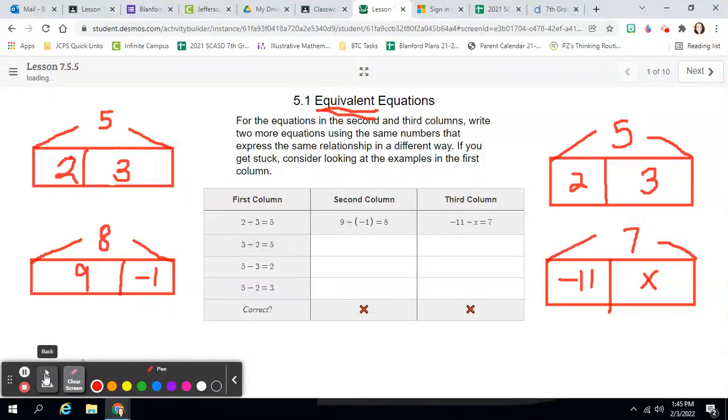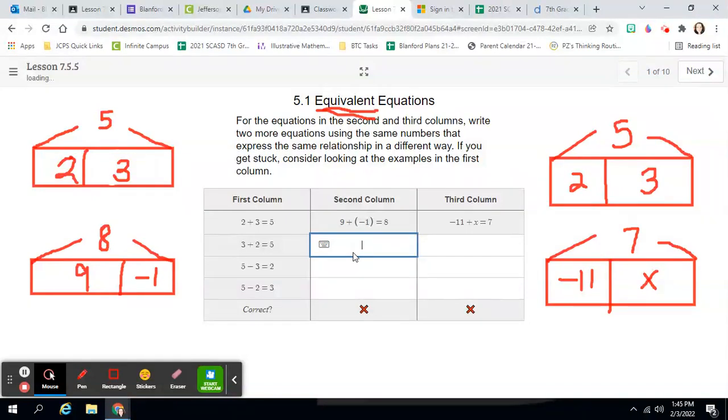The second column is saying, now we have to follow these examples exactly, right? So if 2 plus 3 is 5, we also know 3 plus 2 is 5. And all they did was switch they're called addends, right? The things that we're adding up to get the sum. So if 9 plus negative 1 is 8, we also know that negative 1 plus 9 is 8. So that's what they're asking us to fill in here.